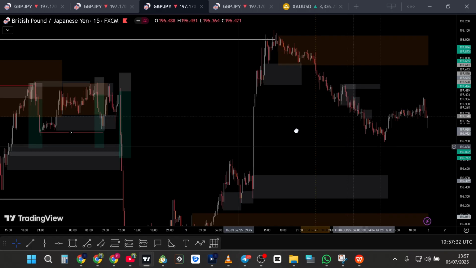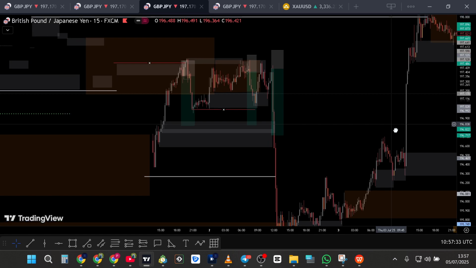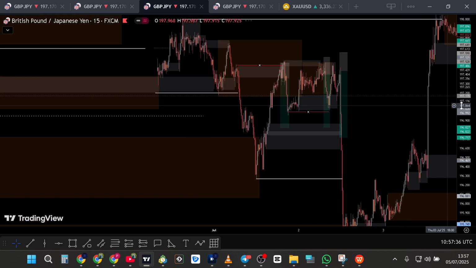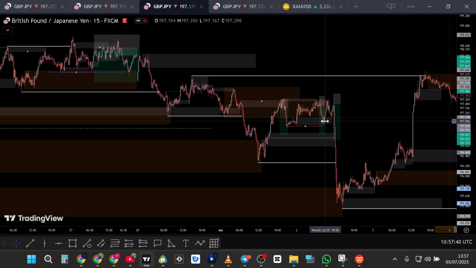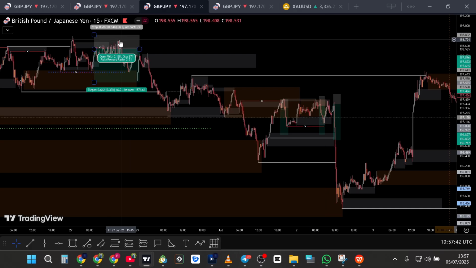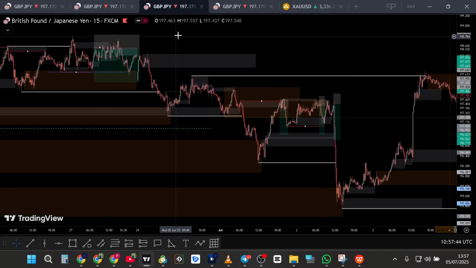15 minutes. It was actually an interesting pair because I took some advantage of some few moves. So let's try and look into that real quick before we finish up with our last pair. If you check very closely, we had this first one, like I told you in my last video, where I had several stops before price continued to the downside.